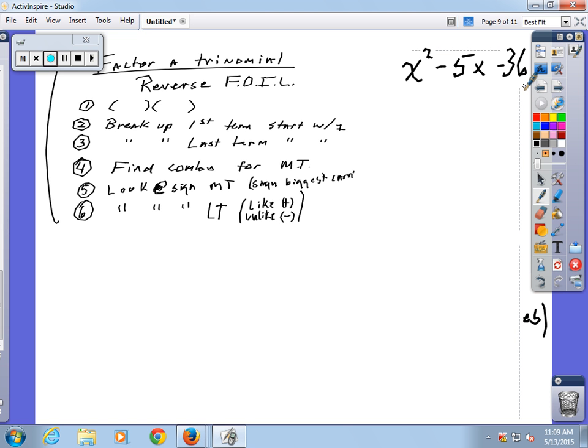Now, break up, 2 steps parentheses. Now, x is easy to do because what's the coefficient of x? 1. So that's 1x here and 1x there. So that's not a big deal. 36, I break it up.